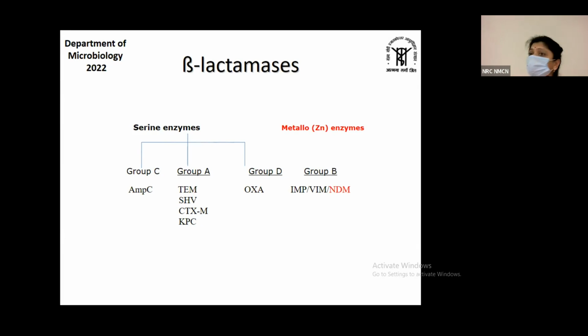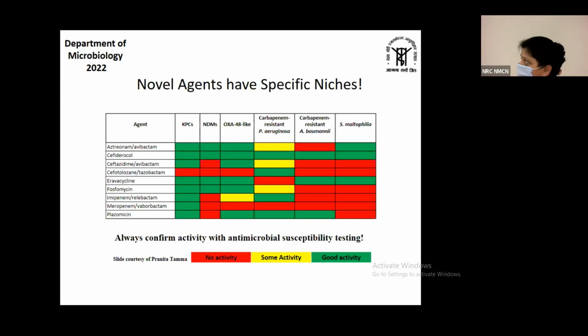So even if you have a new BL-BLI combination, if the prevalence of NDM and metallo enzymes is very high, then you have to be careful about the combination that you are going to choose. So just look carefully at this table. All these 4 are newer agents.